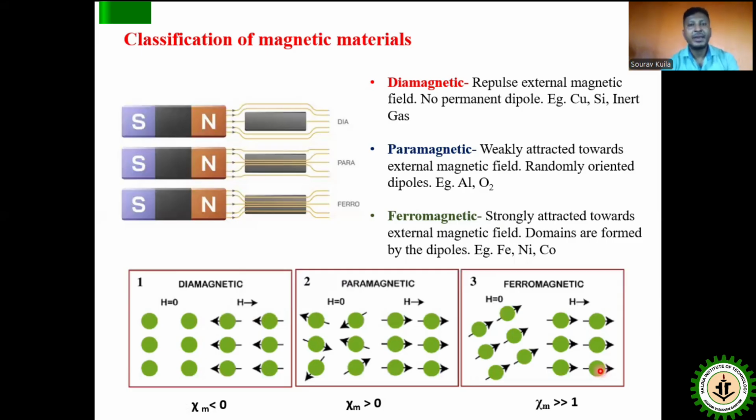That means ferromagnetic materials are very easy to magnetize, but for paramagnetic and diamagnetic materials chi m is very small, so it is very hard to magnetize them. In ferromagnetic materials, when you apply a magnetic field, the domains align to the applied field.